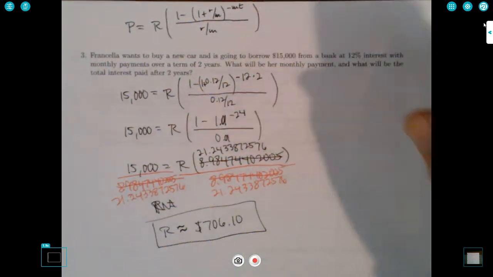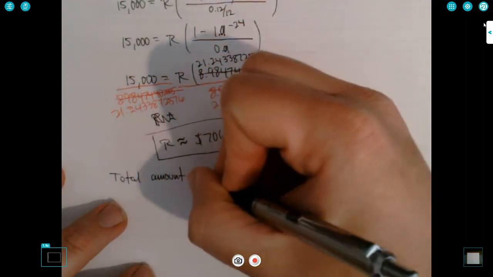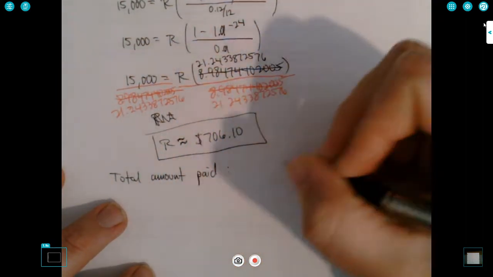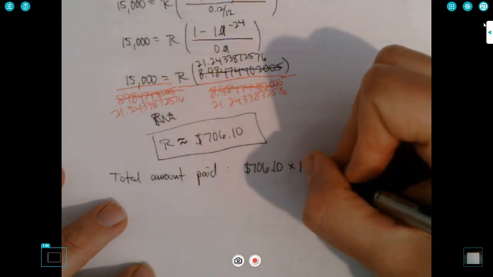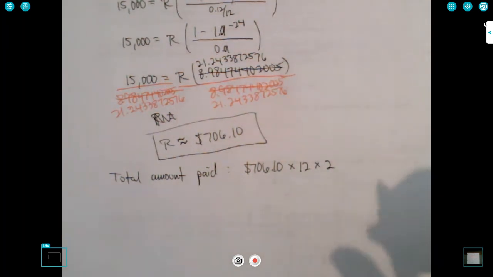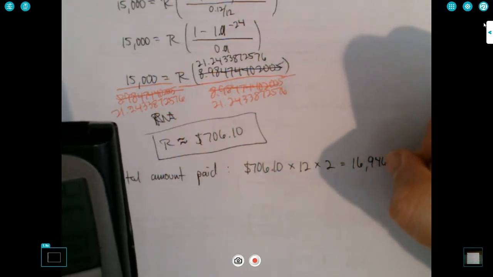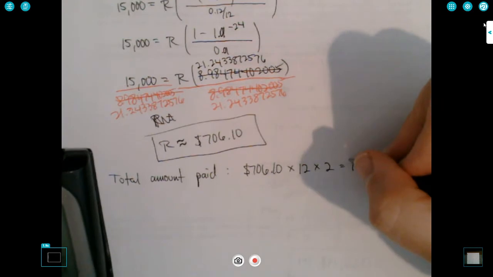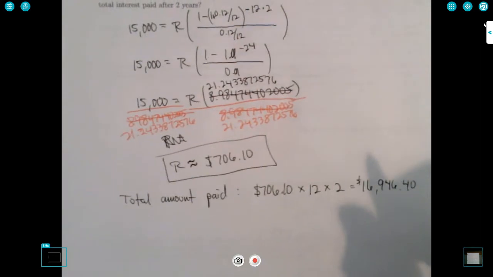Okay, so what's the total interest that she paid after 2 years? Well, let's see. The total amount paid would have to be $706.10 times 12 months times 2 years. So let's punch that into our calculator. 706.10 times 12 times 2 is $16,946.40. But how much did she borrow? She borrowed $15,000, right?